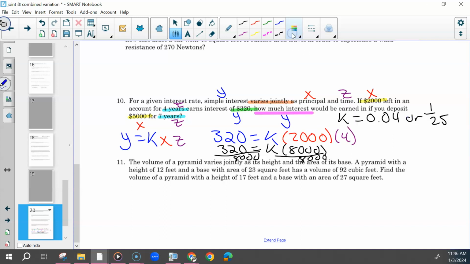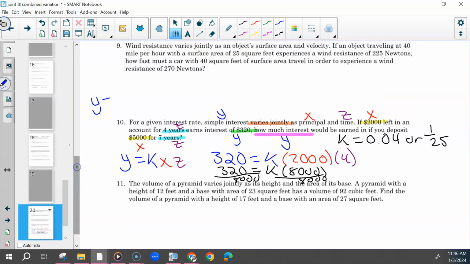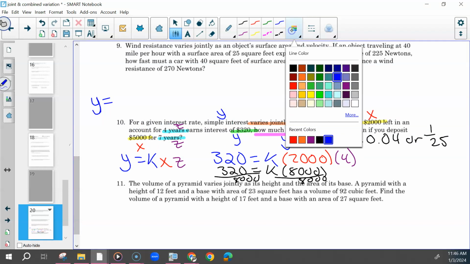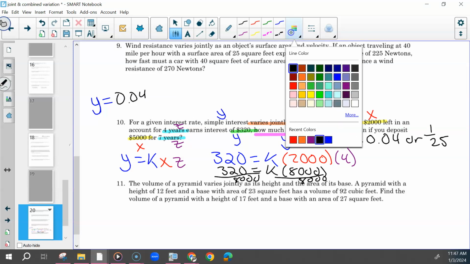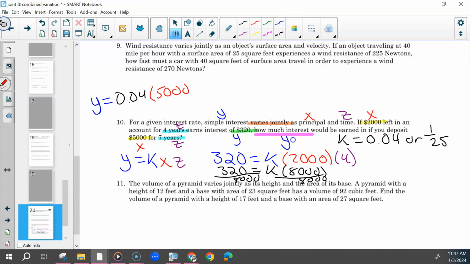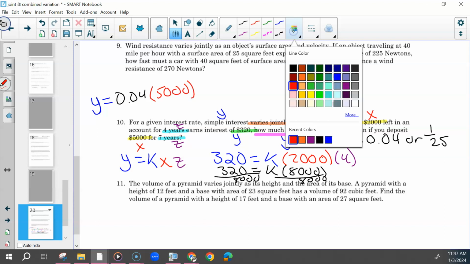Okay, so now we are looking for y. I'm putting this up here because I'm running out of space. We know our k value is 0.04. Our x is 5,000. And our z is 7.